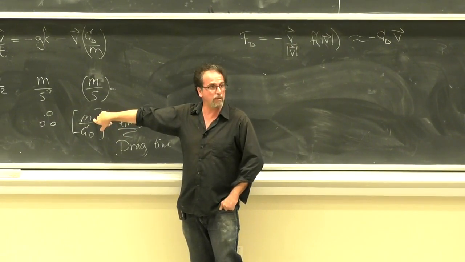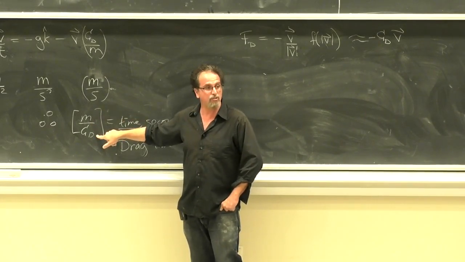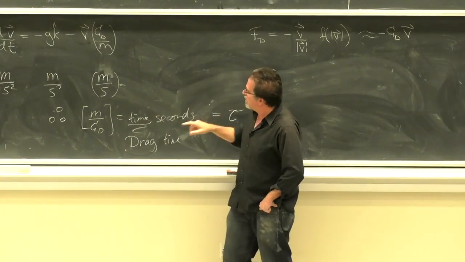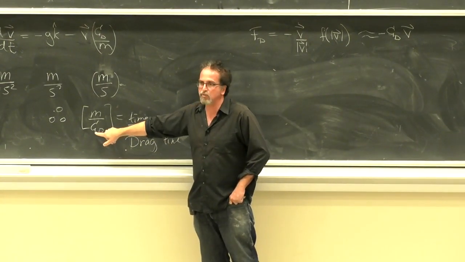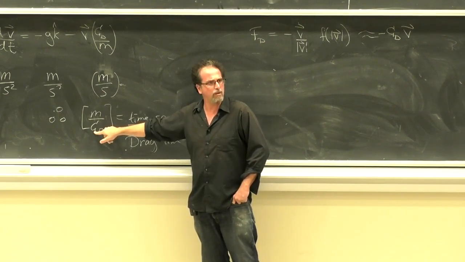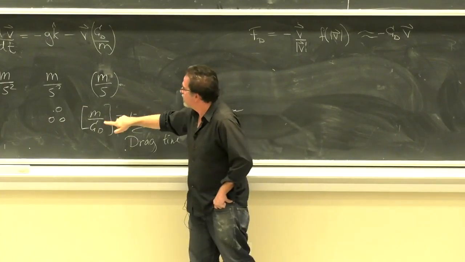If the mass gets really big, the drag time is very big. If the drag coefficient gets really, really big, the drag time gets really small. So this tells you, by the way, that the drag coefficient has units kilograms per second, which is a weird unit.